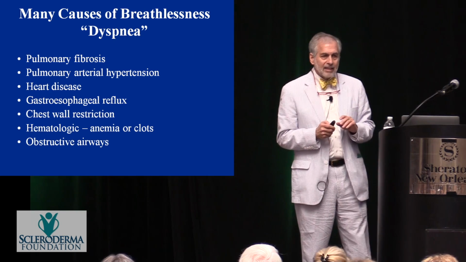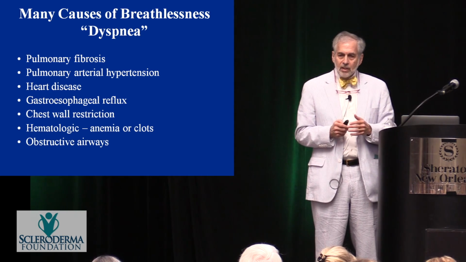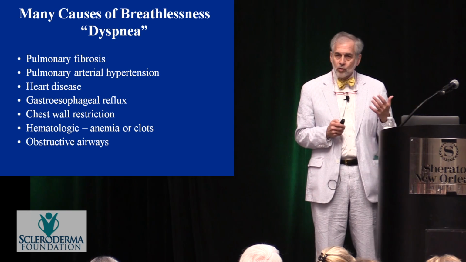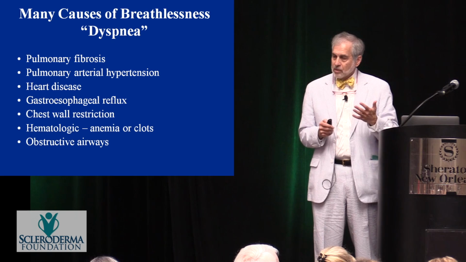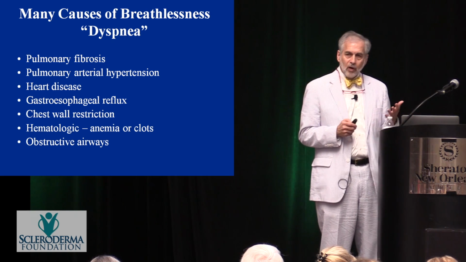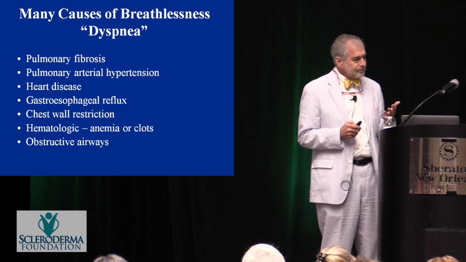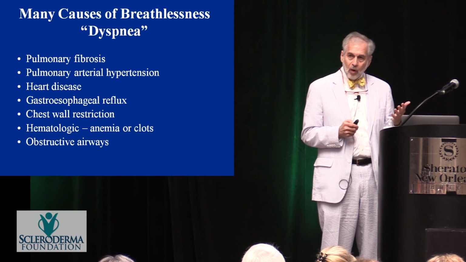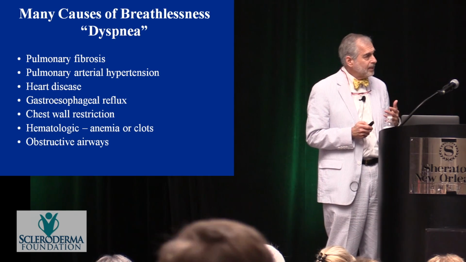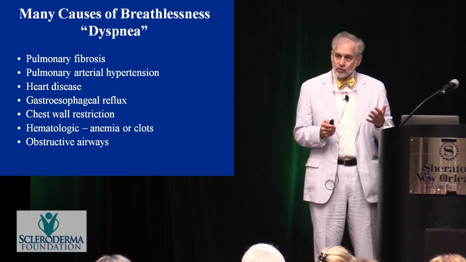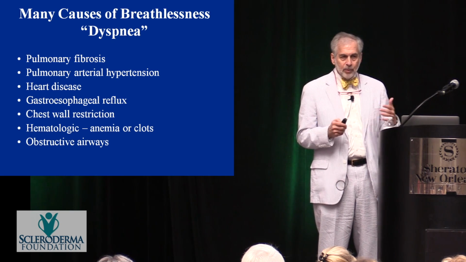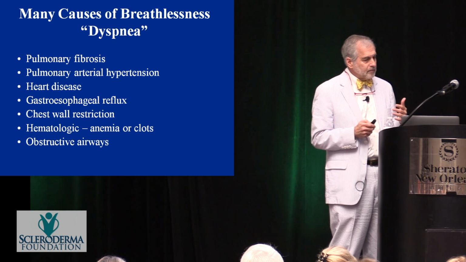This slide lists some of the causes of dyspnea in patients with scleroderma, and you can see it may be due to pulmonary fibrosis, sometimes referred to as interstitial lung disease. It could be due to pulmonary arterial hypertension. It can be related to heart disease from scleroderma or unrelated to scleroderma. It can be related to gastroesophageal reflux. It can even be related to the mechanics of breathing, and I'll mention more about that in a moment.